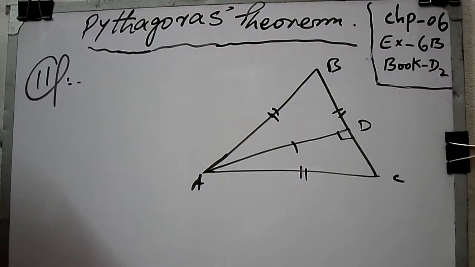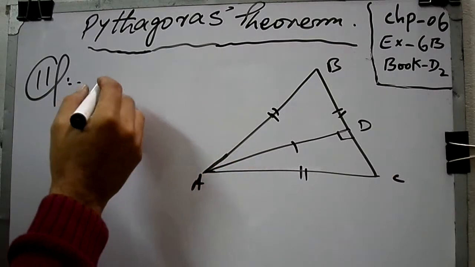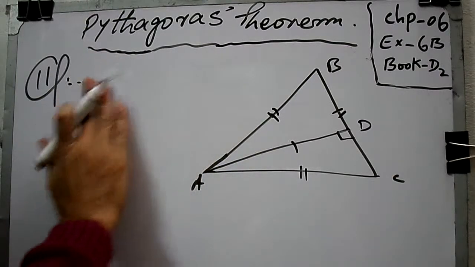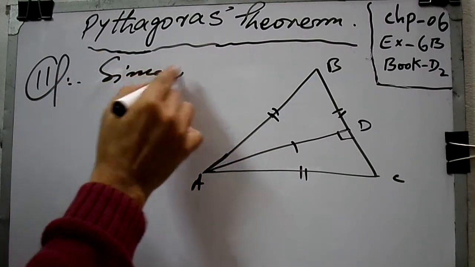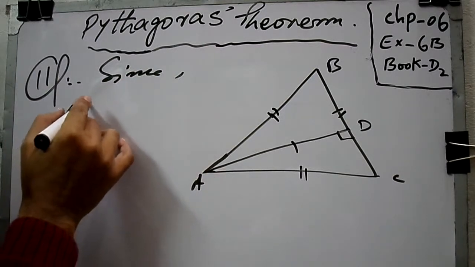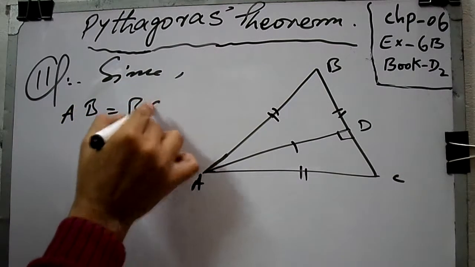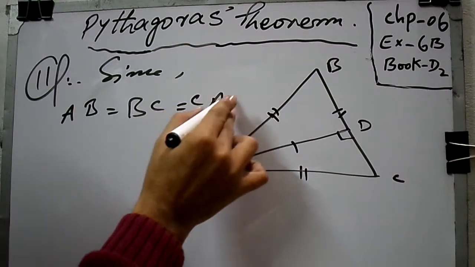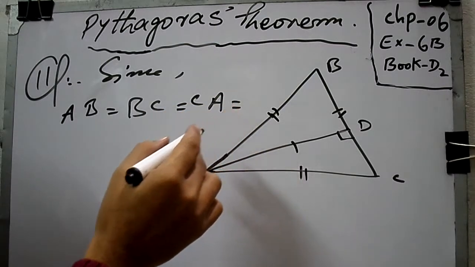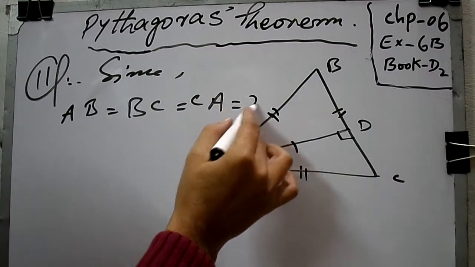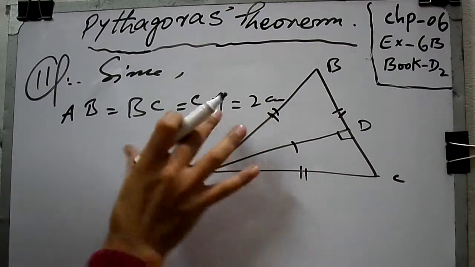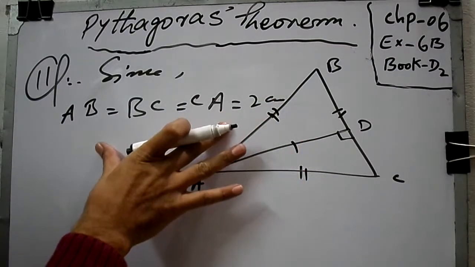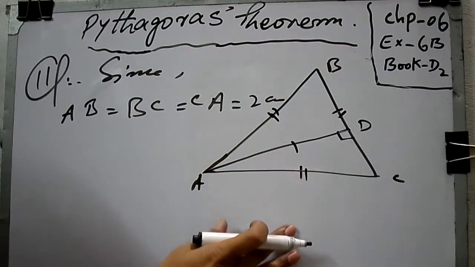For example, as the triangle is an equilateral triangle, AB is equal to BC is equal to CA, suppose it is given to us that all sides are 2 centimeter.